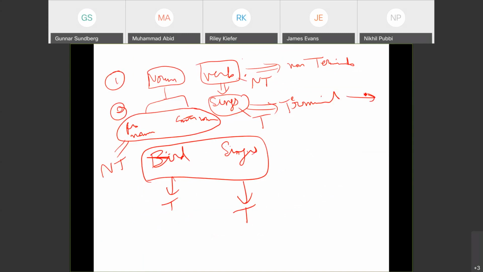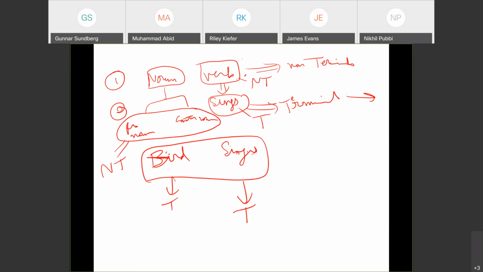A sentence is just a combination of terminals. No non-terminals should be part of the sentence. Production will not complete until no single non-terminal remains.